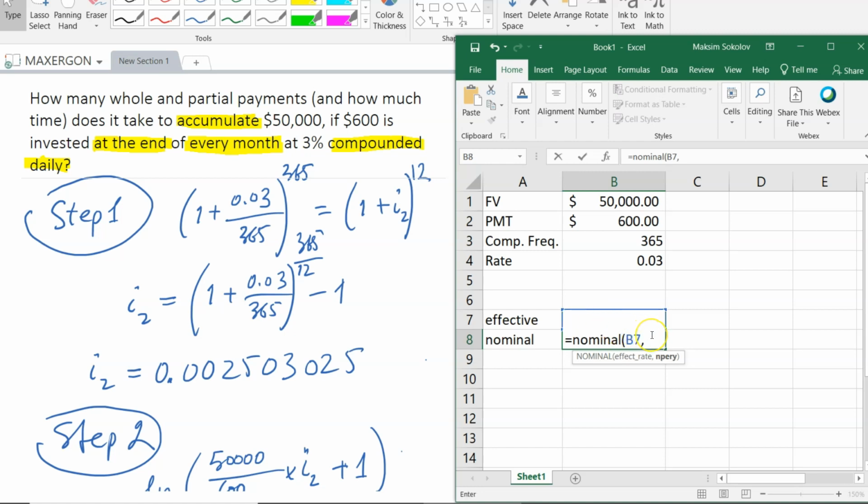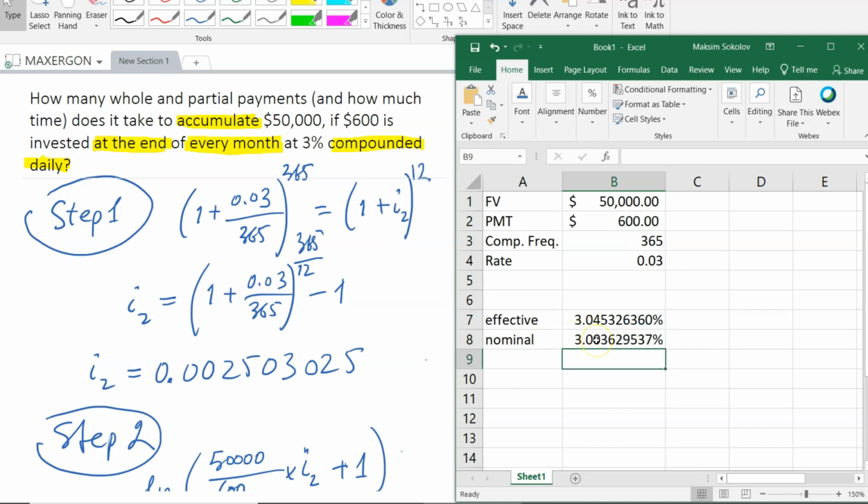And then we'll enter how many times we want our new rate to be compounded, which is 12 times. If I press enter, I'll find the nominal rate compounded monthly, which is equivalent to 3% compounded daily. So once again, Excel doesn't have a process to find the nominal rate right away. In Excel, you have to find the effective rate first, which is equivalent to the original rate, and then you will need to find the new nominal rate.